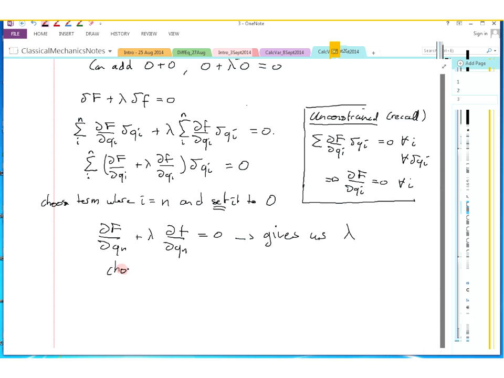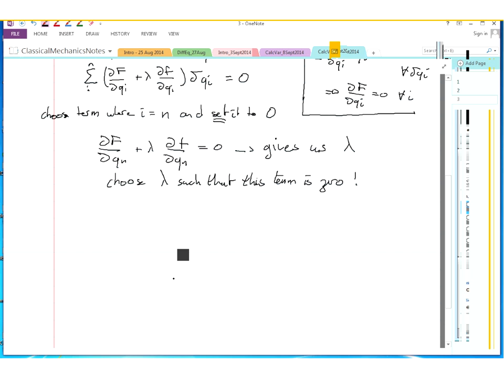So just to be explicit, we choose lambda such that this term is 0. So now we've effectively eliminated delta Qn from the equation.